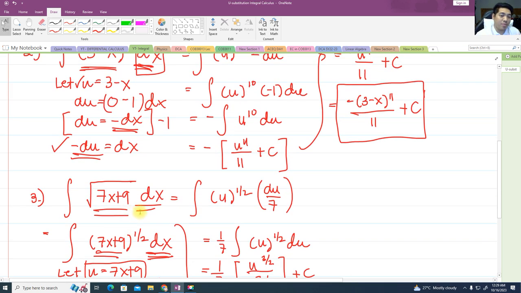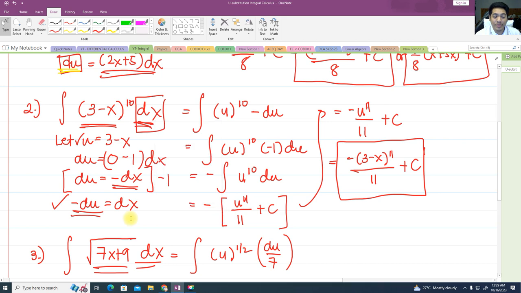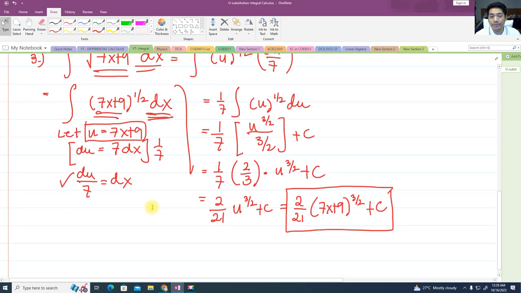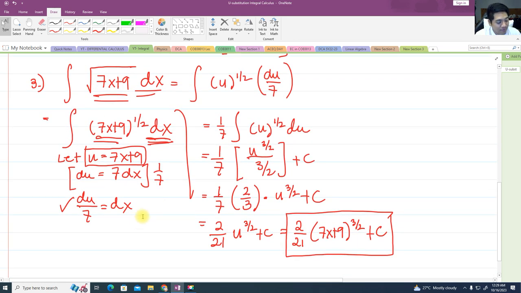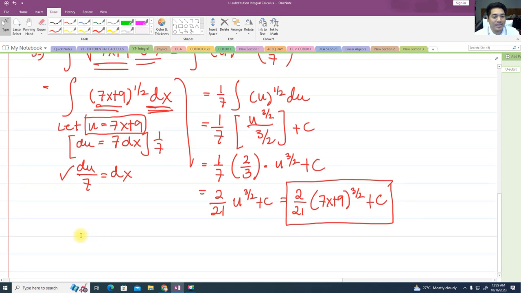Not all problems need U-substitution; there are a lot of direct problems, power rule only. But for most of the integrals we solve in integral calculus, you will be employing U-substitution as part of the solution. So it's very important for us to really master this.